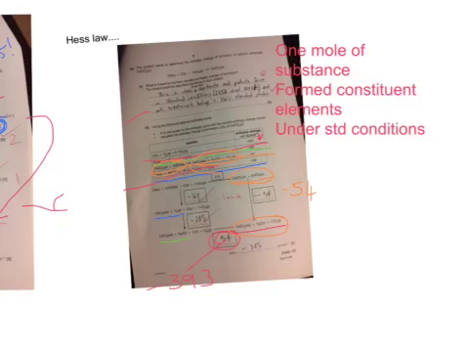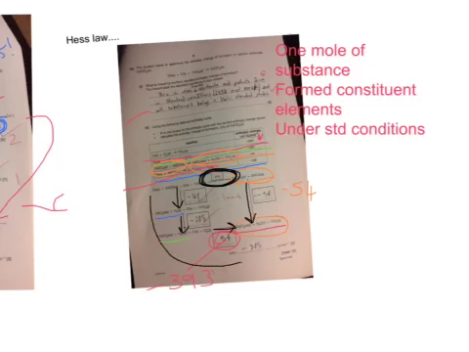I'm going to use black this time. So what we want to find is this arrow here by using this arrow, this arrow, this arrow and this arrow.